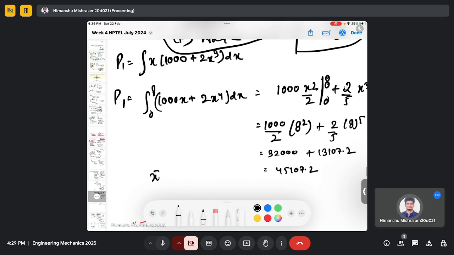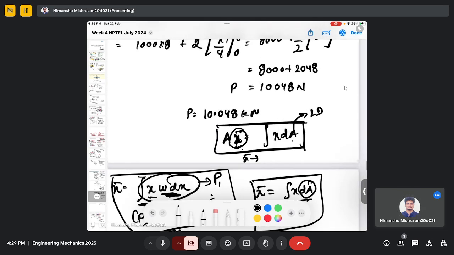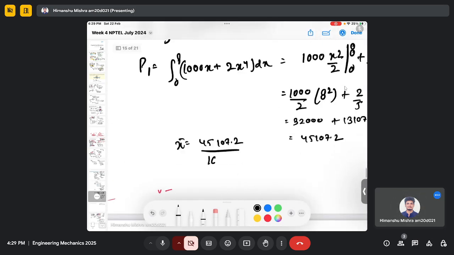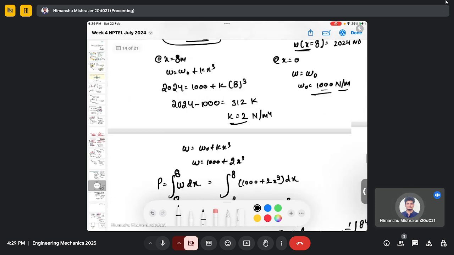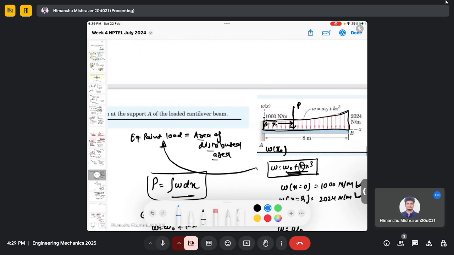So my centroid will be 45107.2 divided by P, which is 10048, which comes out to be 4.489. So this is the distance of the point equivalent load, 4.489 meters from point A.